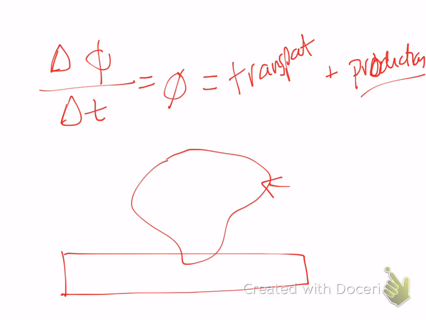In our layered box, if we made the assumption that phi, which in this case is the water, the same amount goes in as comes out, we have our box, we're transporting a certain amount across this boundary, we transport another amount across that boundary.